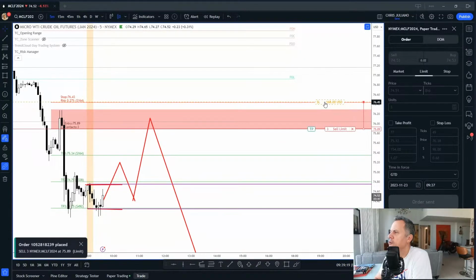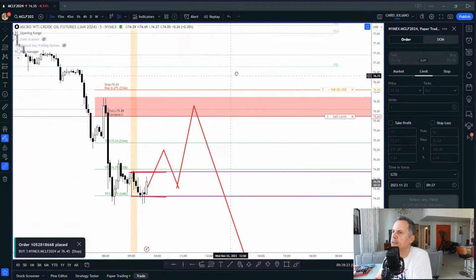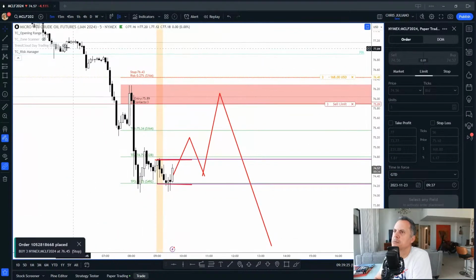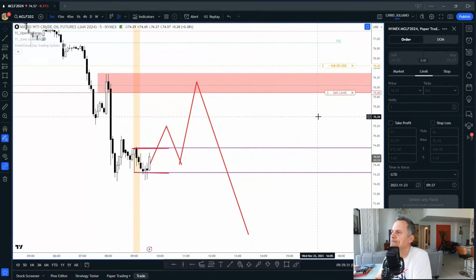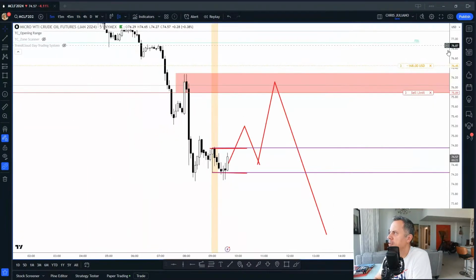So there's your trade right there on crude oil. And it just helps you set everything up, okay? Once we're in the trade, we can then scale out of the position.